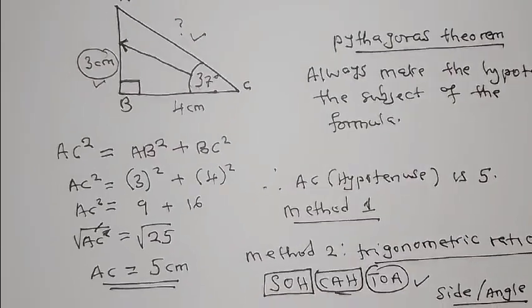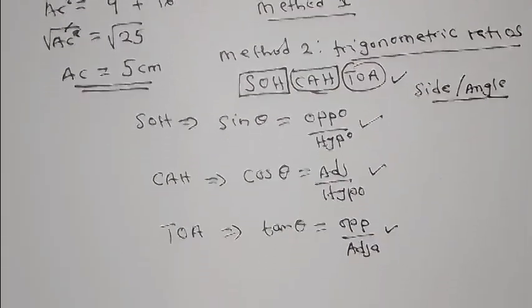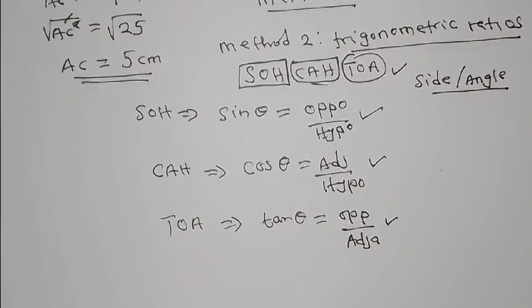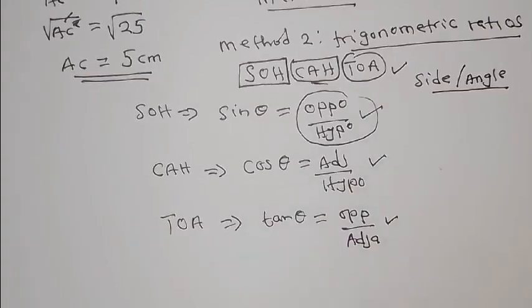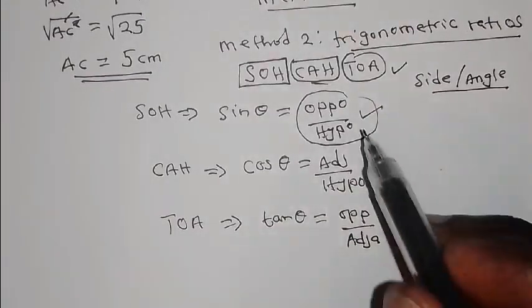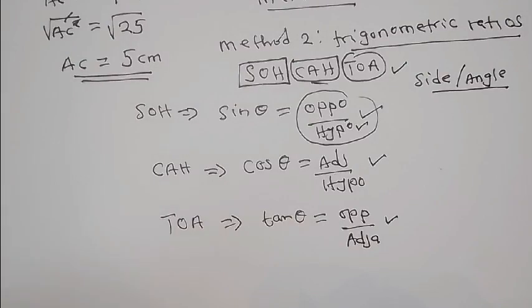So we know that the opposite and hypotenuse are what we need. We are going to make the opposite the subject.